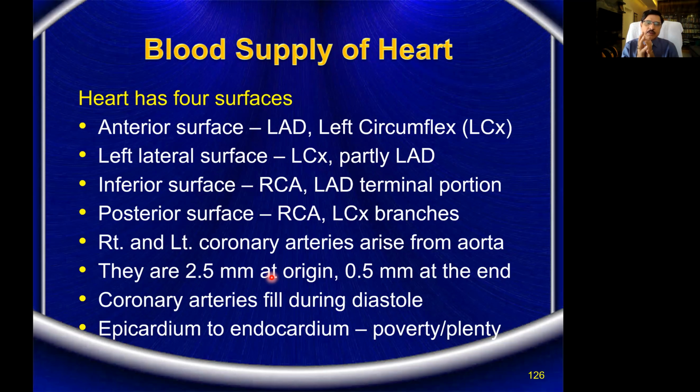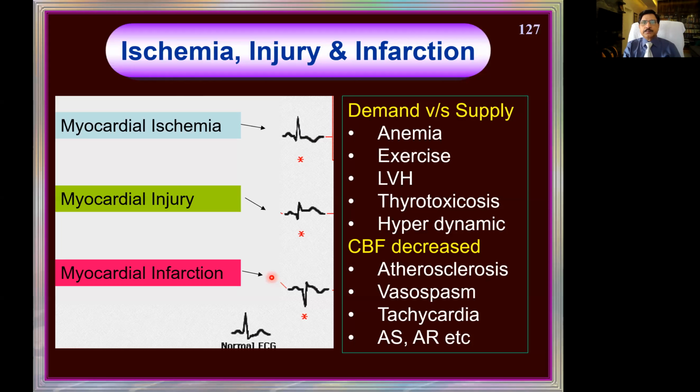Just imagine. Okay, coronary arteries are filled during diastole, and the flow is from epicardium to the endocardium. Flow is from the epicardial blood vessel, which burrows inside and supplies the endocardium. Nothing comes from the endocardium to the epicardium directly. So there are three things that happen whenever the supply-demand equation is not met.